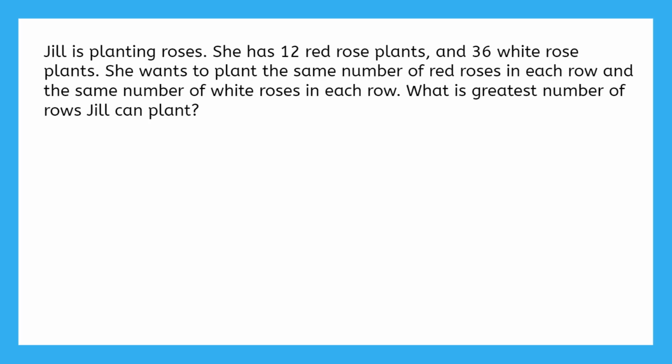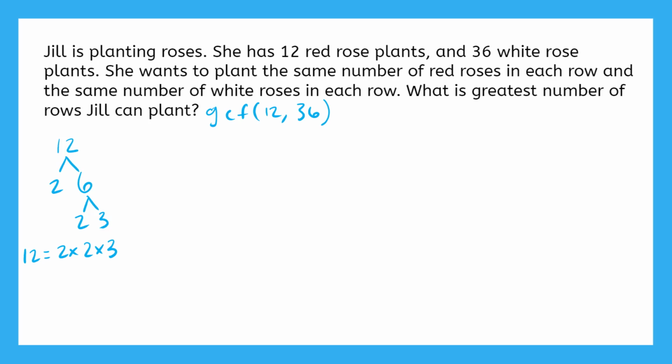We can use our prime factorization method to help us find that. So if we're finding the GCF of 12 and 36, I can start with my tree for 12, which is 2 and 6, and 2 and 3. So 12 is equal to 2 times 2 times 3.